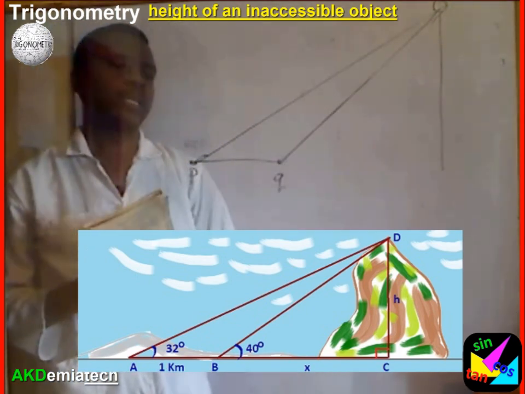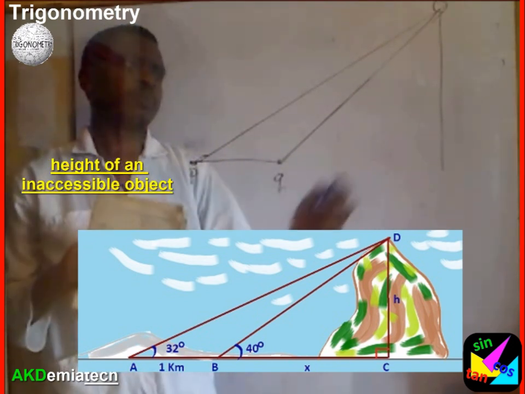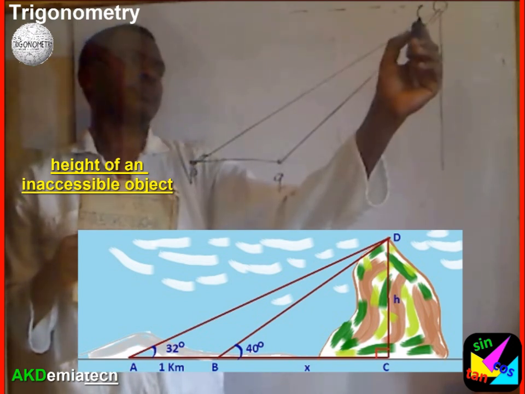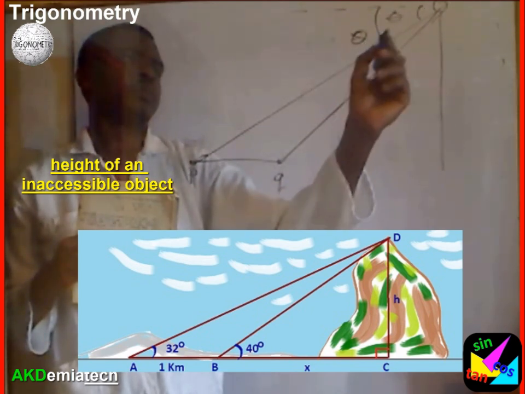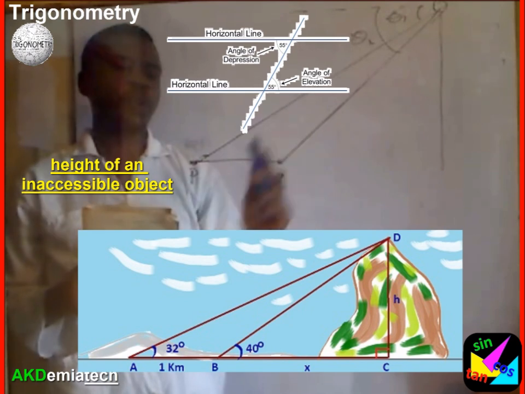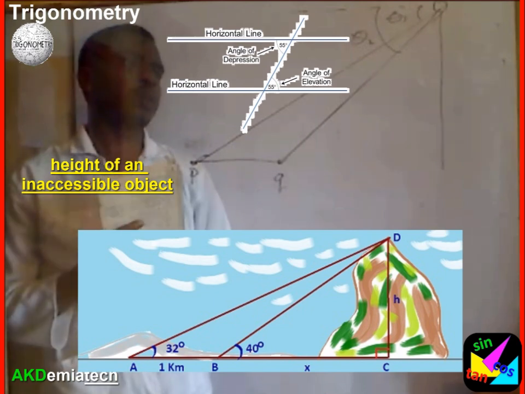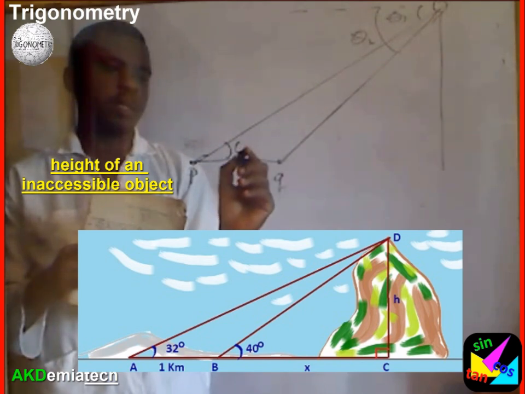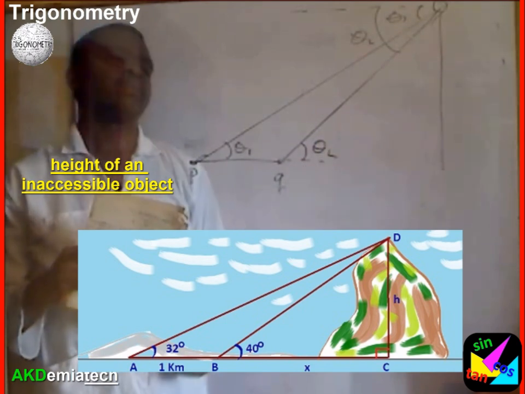From these measurements, we are able to calculate the height of the inaccessible object. Working from the ideas of alternate angles, the angles of depression are equal to the angles of elevation. So here, this is theta 1, and here, this gives me theta 2.